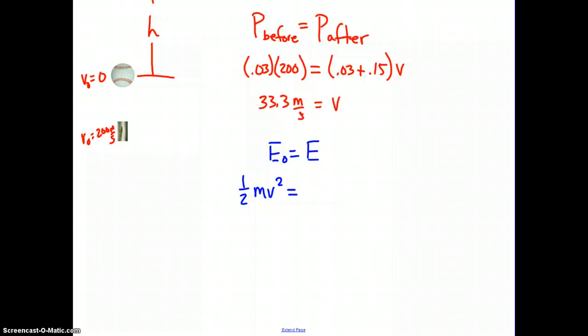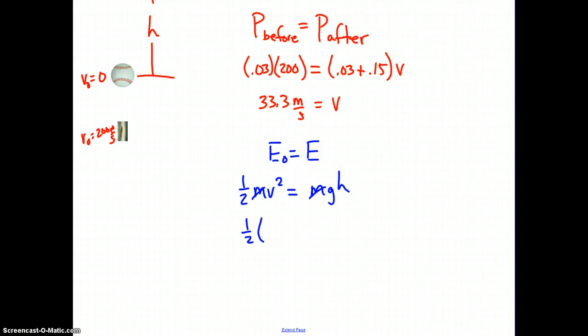The combination becomes at rest at the top, has no kinetic. We'll use the spot where the bullet embeds in the baseball as the base level, so no initial gravitational potential energy. And so all the kinetic that the combo possesses initially becomes gravitational potential at the end. We see here that we can cancel the mass of the combination.